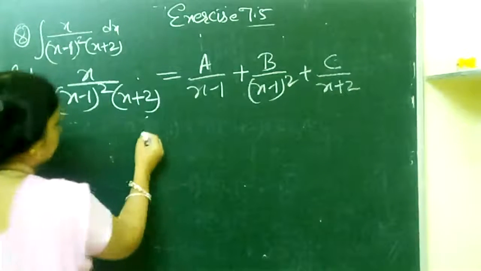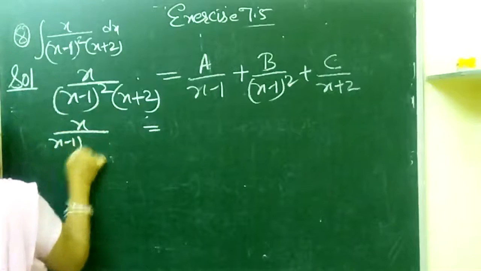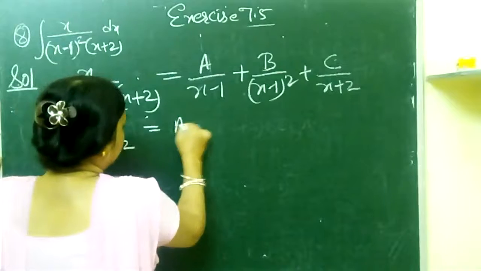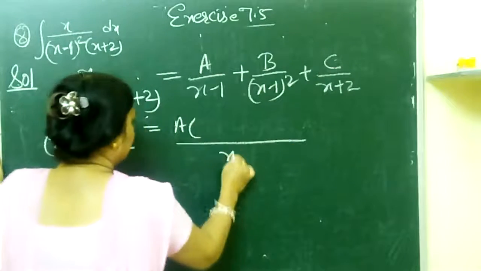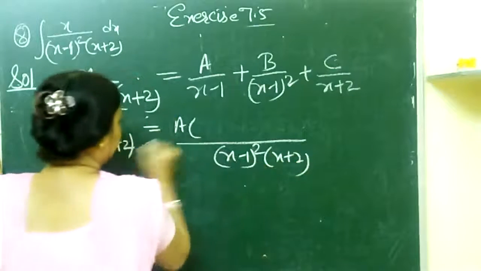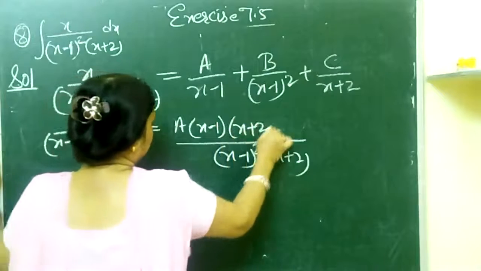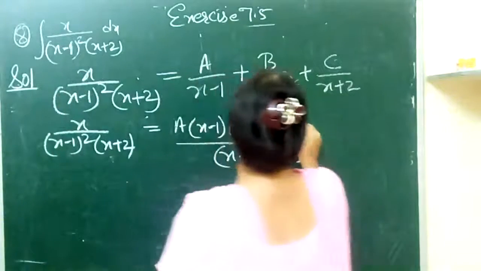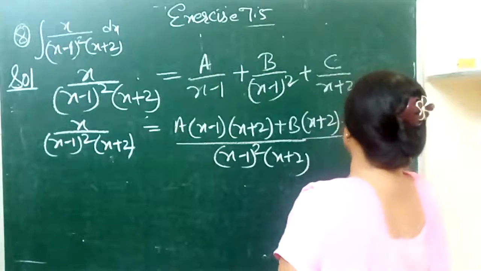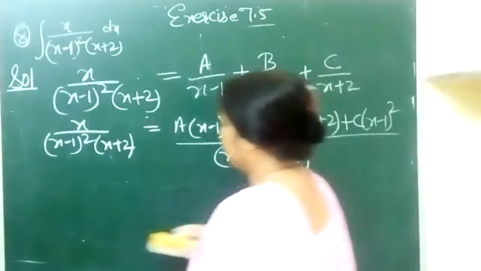After that we will take LCM. Here x upon x minus 1 whole square into x plus 2. So after LCM it will come a into, the LCM is x minus 1 whole square into x plus 2, so after that it will come x minus 1 into x plus 2, and here plus b into x plus 2, and here plus c into x minus 1 whole square.